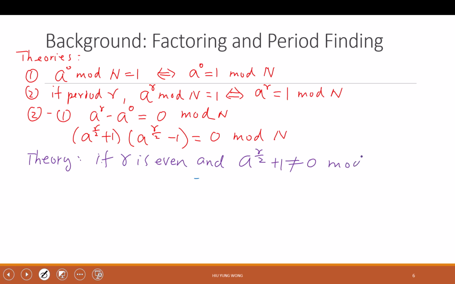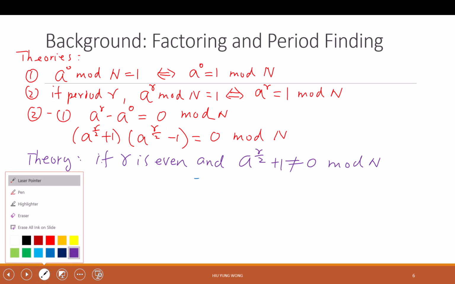And when we say this, of course, still talking about modulus n, right? We're saying this one not equal to 0, right? Means that this one divided by capital N has remainder, right? But doesn't matter. Now we just forget modulus n. It's just like saying that this term times this term equal to 0. And if this term is not equal to 0, means kind of like something special, right?